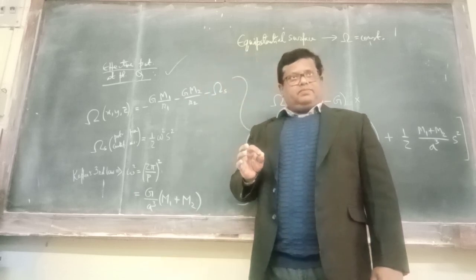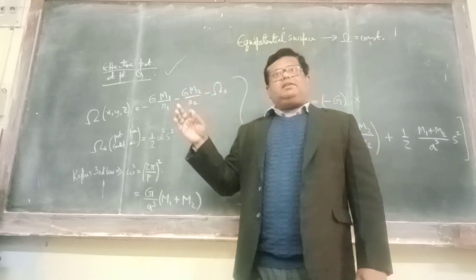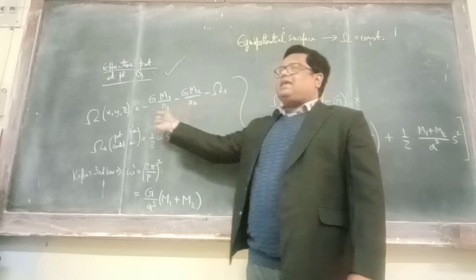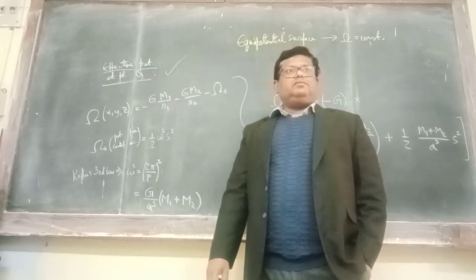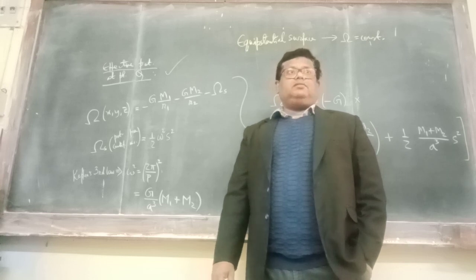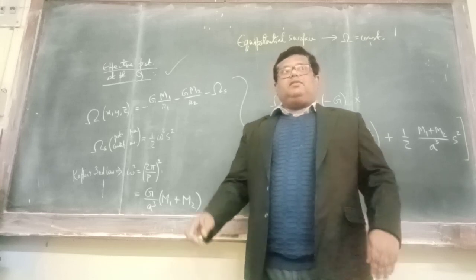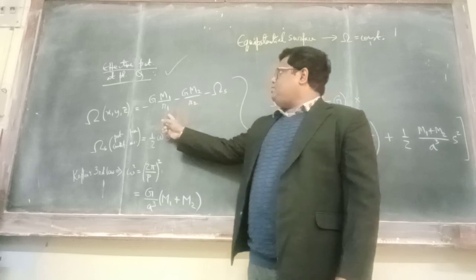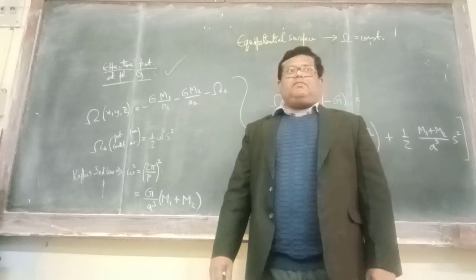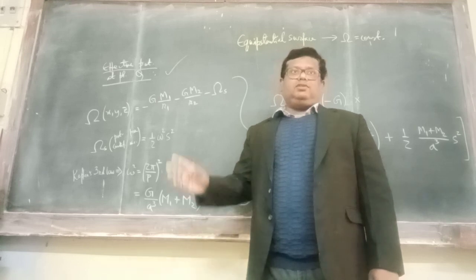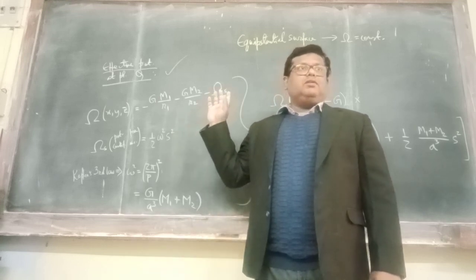The question which comes to mind before we start drawing the equipotential surface is: is it possible that all these forces cancel each other? Why? Is it possible that all these forces cancel each other? Now you have to check whether it is possible or not.